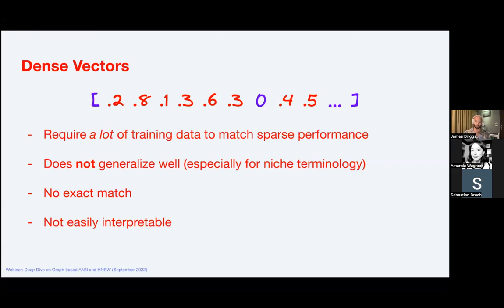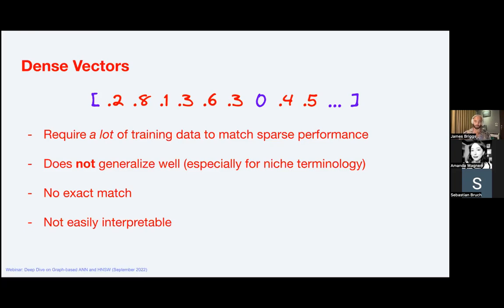So I can mention the medical example. If you train a model on a ton of English language data, it doesn't necessarily mean that it's going to just perform well on all English documents, particularly if you have niche terminology, like in the case of the medical domain.